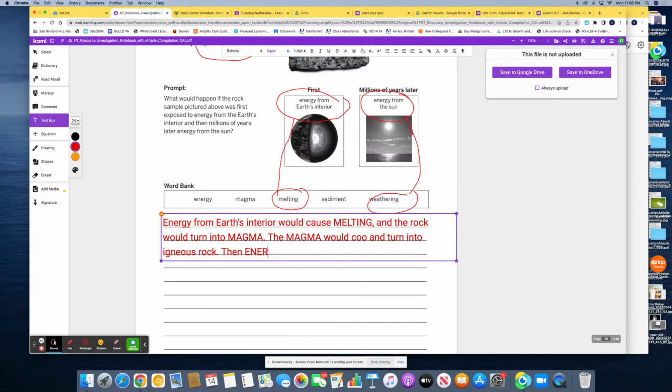And energy from the sun would cause weathering to turn the rock into sediment.